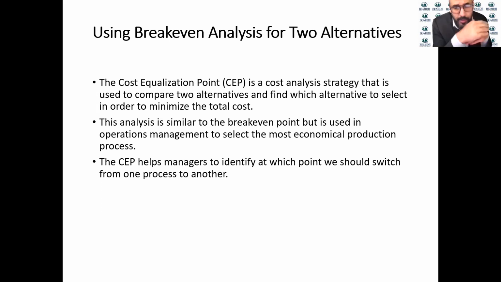This will help you to minimize the total cost. This analysis is similar to the break-even point, but is used in operations management to select the most economical production process. The cost equalization point helps managers identify at which point we should switch from one process to another.